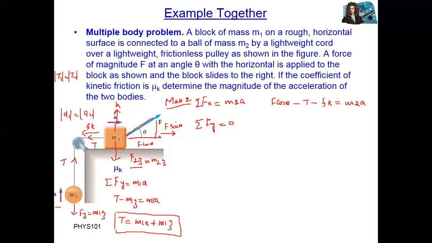and m2g is downward, so we have N plus F sine theta minus m2g equal to 0. Sorry, this one is not cosine theta, it is F sine theta.